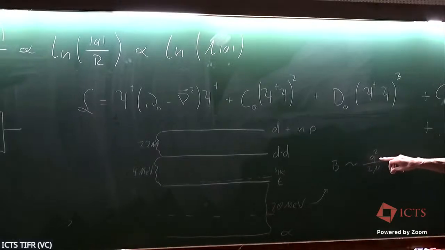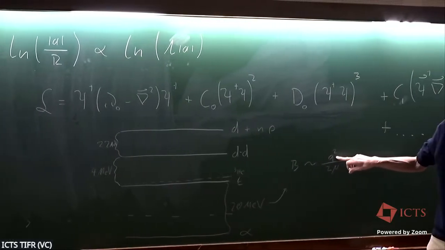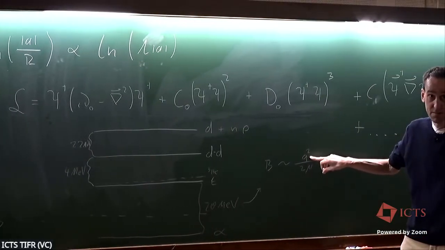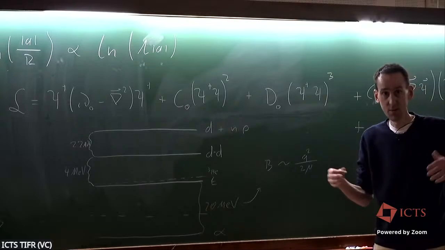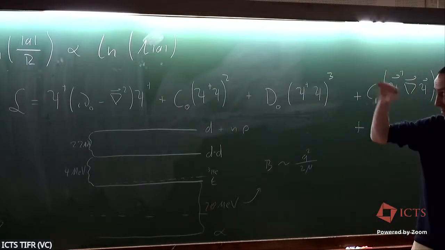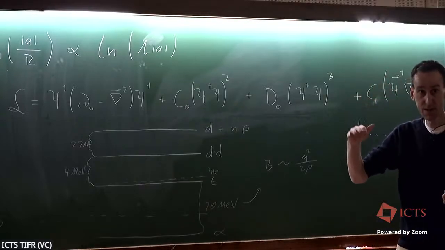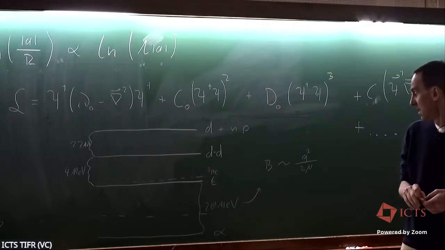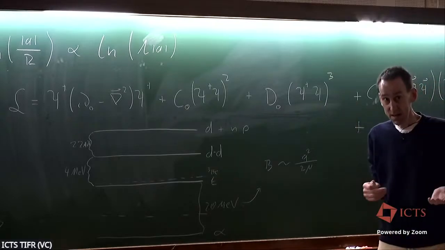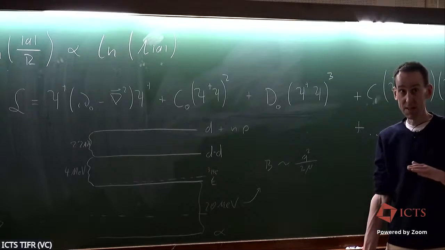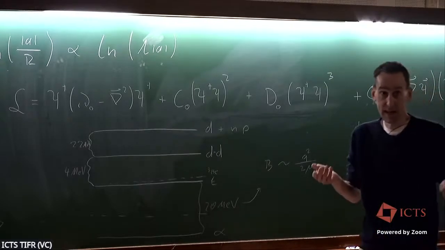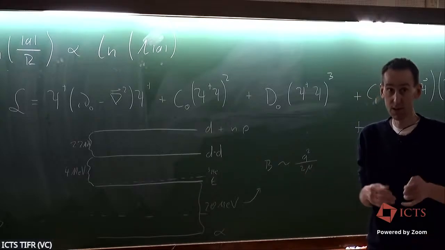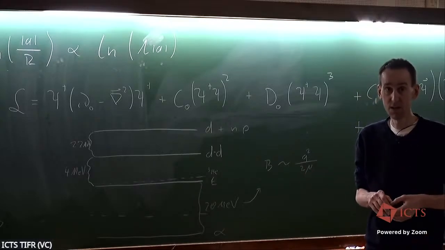And from that, I estimate a certain momentum. And if that momentum is below the breakdown scale, which is set by the lowest excitation, the pion mass, then I say, okay, it's within the region of validity. But this is an estimate. There is no rigorous argument for using that.